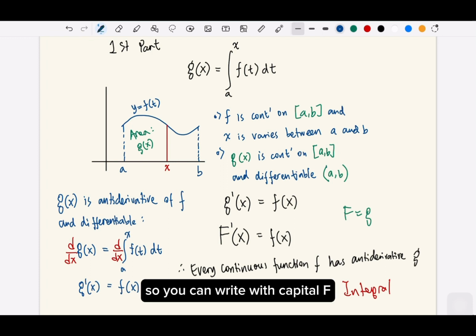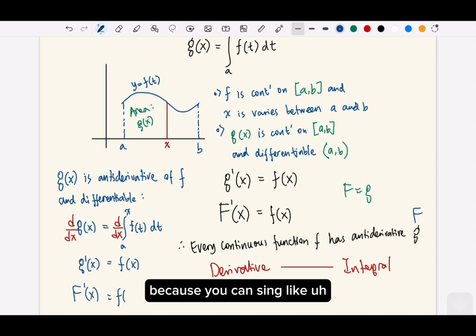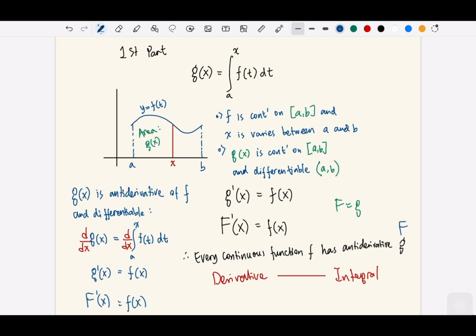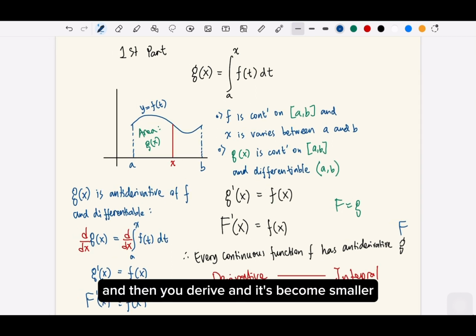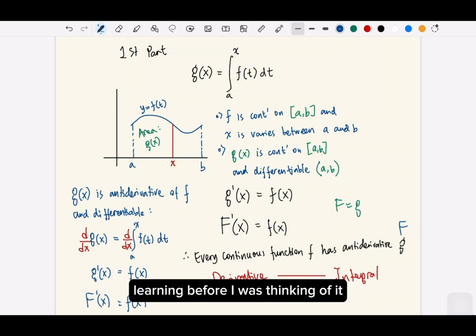So you can write with capital F, because sometimes capital F makes it easier, because you can think like from the capital F and then you derive and it becomes smaller. Maybe it's better. If g, maybe it's a different function, but if you use capital F, oh, the same F. When I was learning before, I was thinking of it as easier, like from big capital and then you derive and it becomes small.